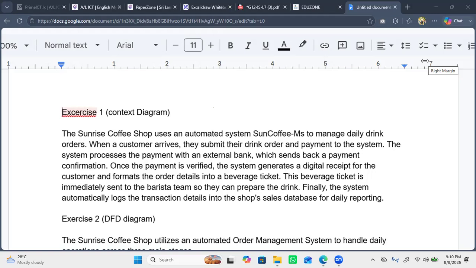Right. Done. Nice. Very good. And still no one may quickly do it. Quickly draw the context diagram, dear.